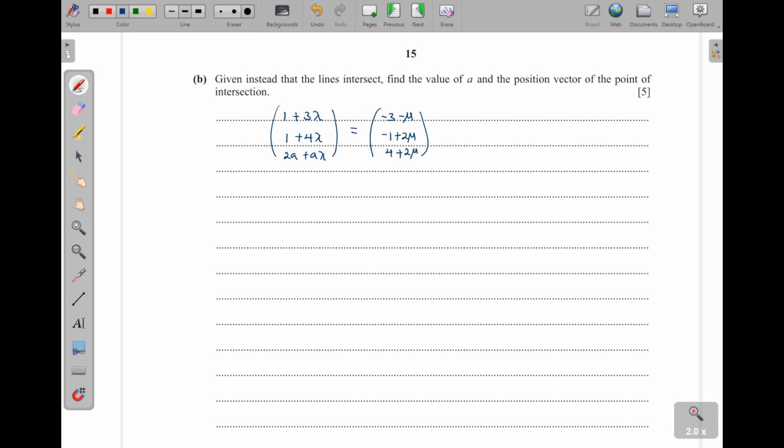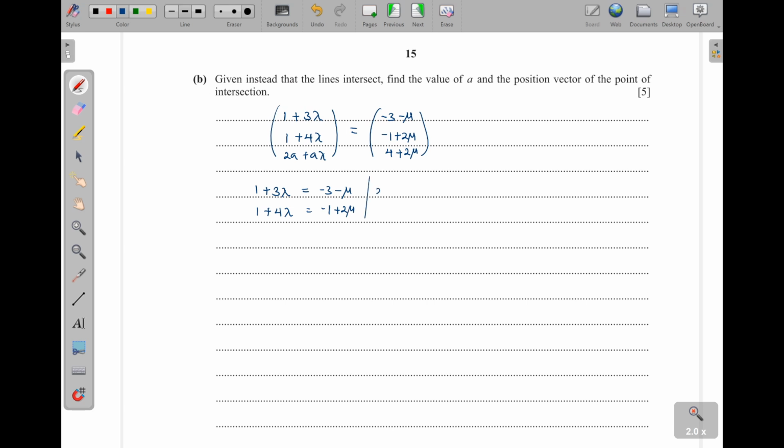Now, we can equate these ones here, and we say 1 plus 3 lambda is going to be equal to negative 3 minus mu, okay? And I can also have 1 plus 4 lambda, which is equal to negative 1 plus 2 mu.